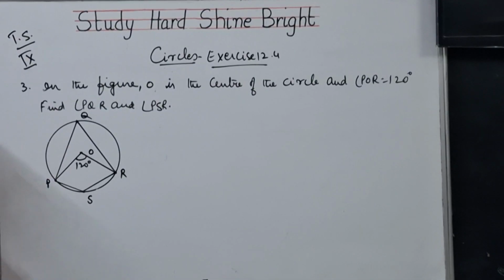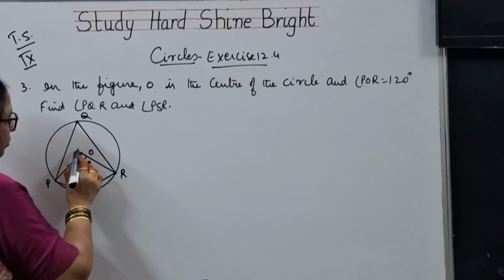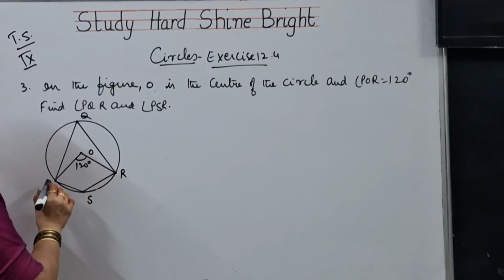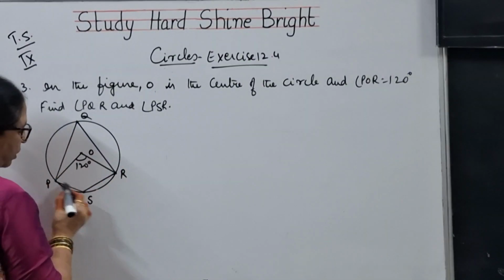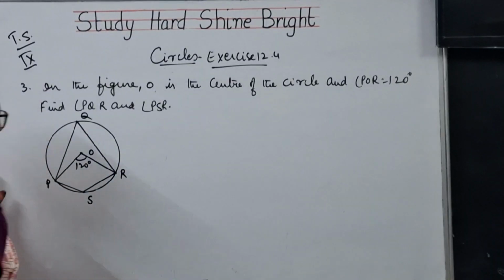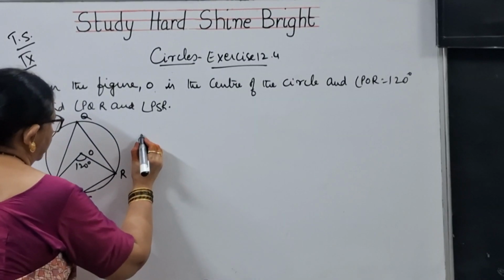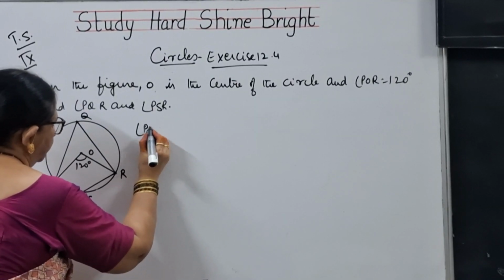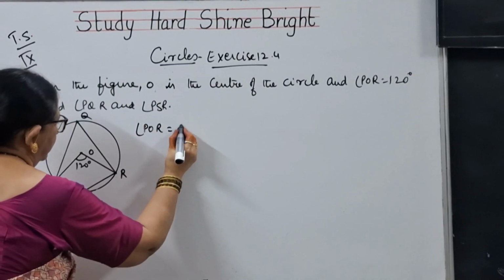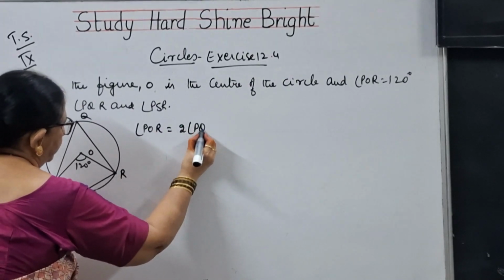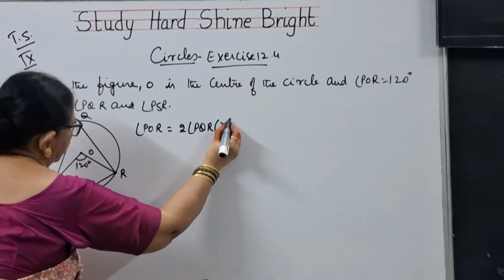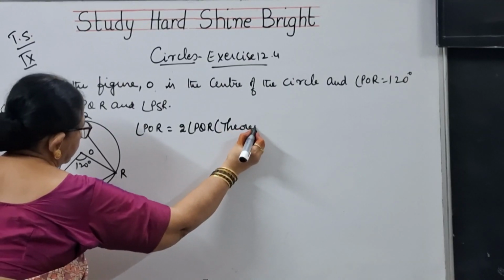Now, in the figure, O is the center of the circle. Angle POR is 120 degrees. You have to find angle PQR and PSR. We know that angle POR is 2 times of angle PQR basing on the theorem which we have learnt.